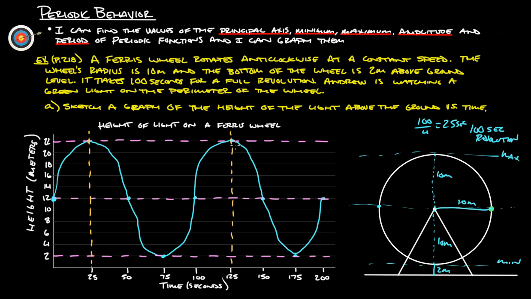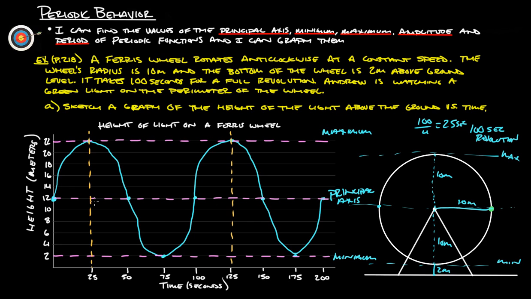So this here is the maximum, this is the minimum, and this here is called the principal axis. It's the middle axis here. So we've got principal axis, minimum, maximum.